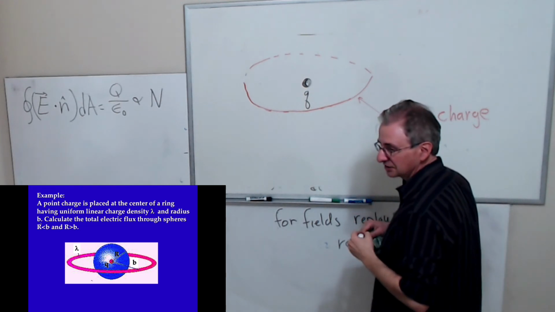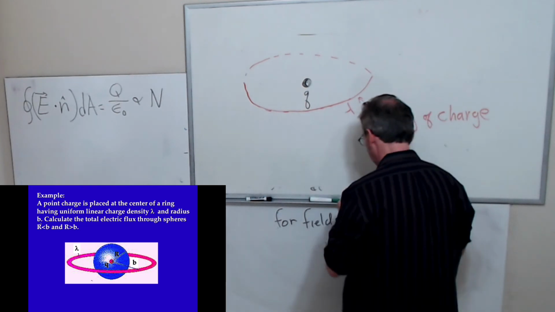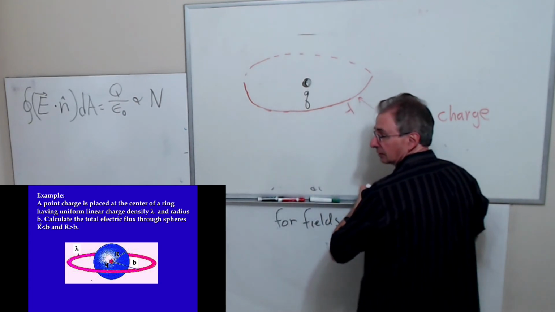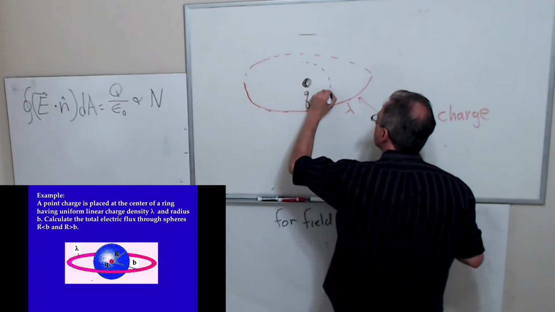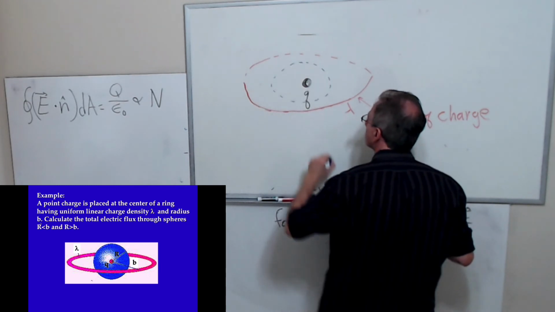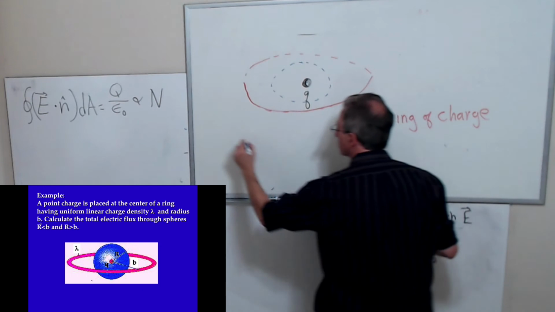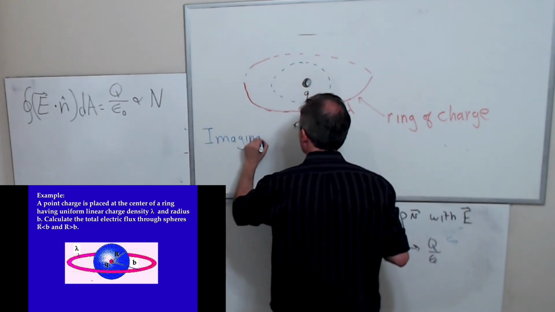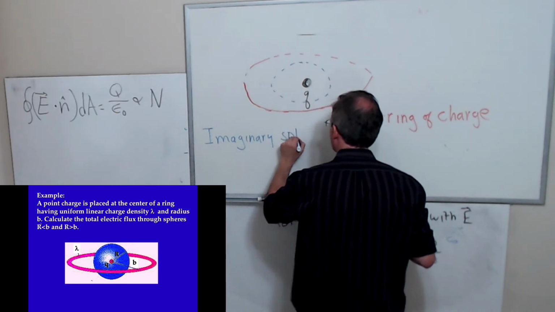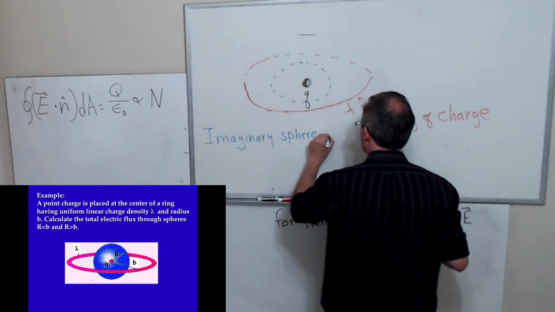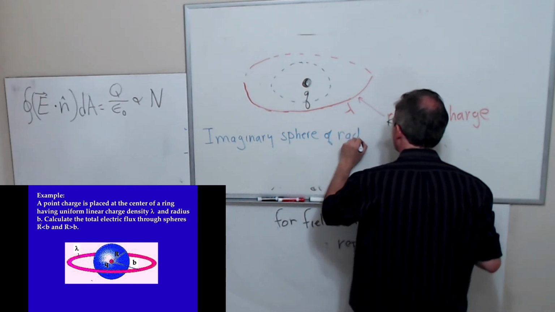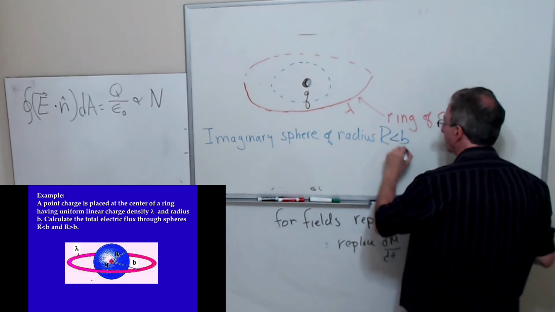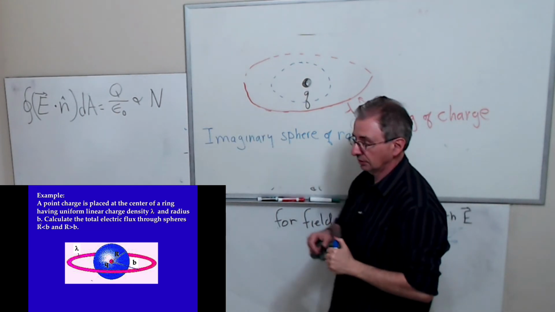Okay, that's a ring of charge, and its charge density is lambda. I want to draw an imaginary sphere that encircles Q, of radius r less than b. And I want to calculate that integral.